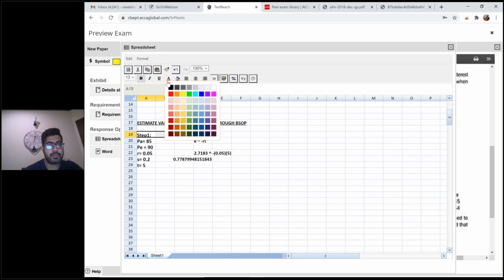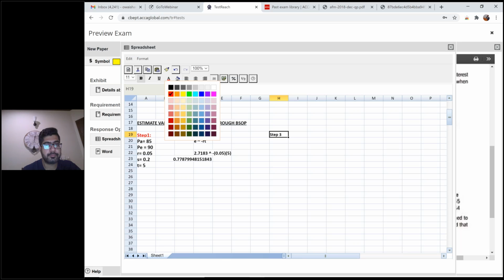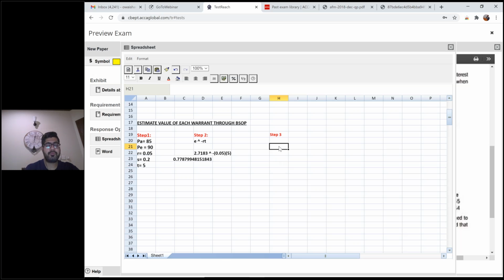Then the second step was to find e to the power minus RT. I told you e is the fixed value 2.7183. Power minus RT, so it's minus R multiplied by T, it's 0.7787. Then in the third step, I have told you to find D1 and D2.